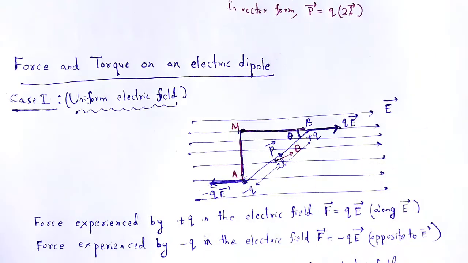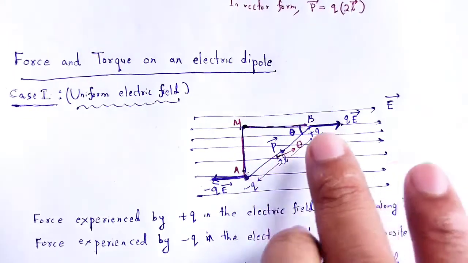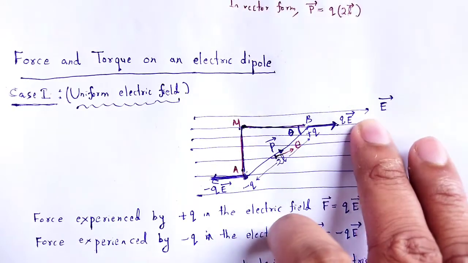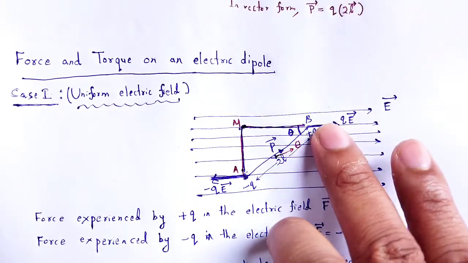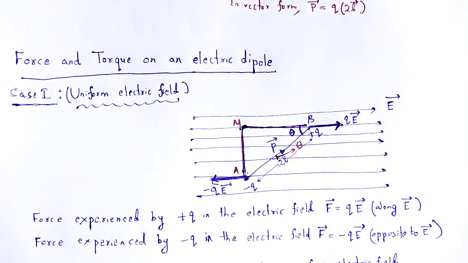In addition to the torque experienced, a net translatory force is also exerted on the dipole, because the forces acting on the two ends of the dipole are not exactly equal and opposite.